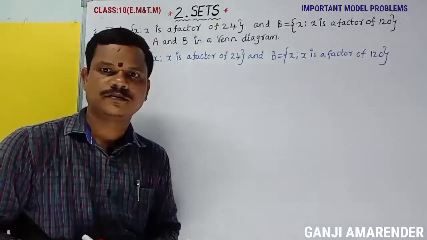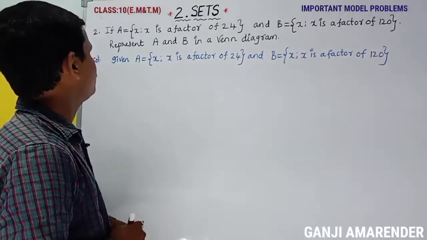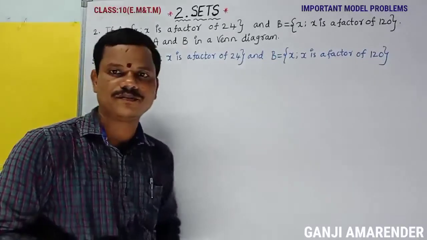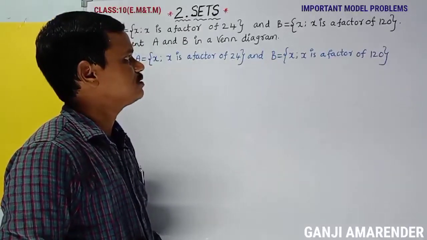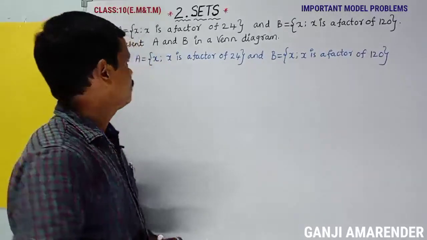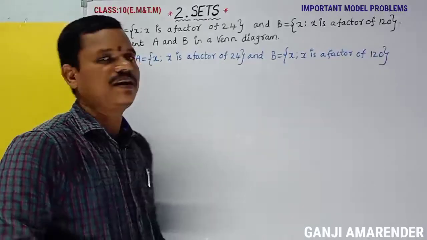Okay, now second problem. If the set A is equal to the set of x such that x is a factor of 24 and set B is equal to the set of x such that x is a factor of 120, represent the sets A and B in a Venn diagram.